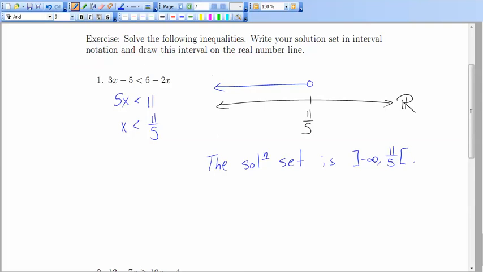And we'll exclude the 11/5 as well because it's a strictly less than inequality. So that's the solution set for our inequality, and we've written it with interval notation. This is one of the reasons why we talked about interval notation, so we could use it to express solution sets for inequalities. Let's take a look at another example.